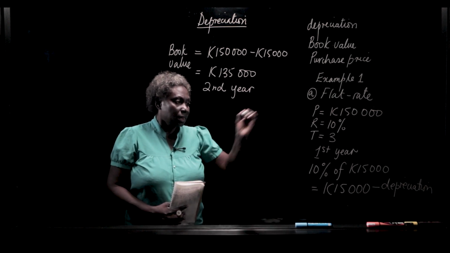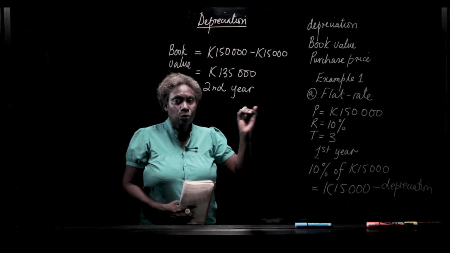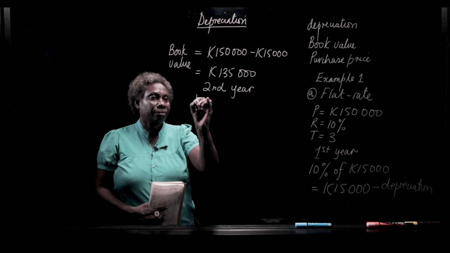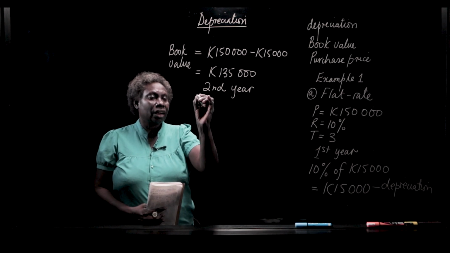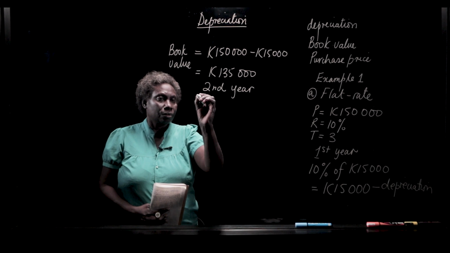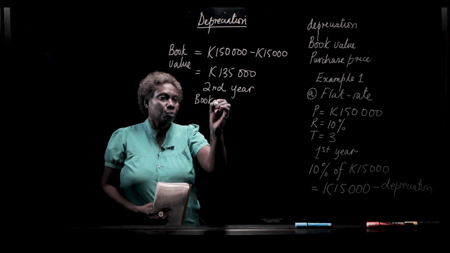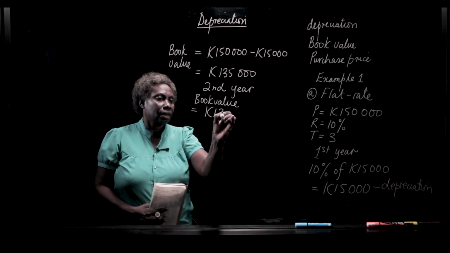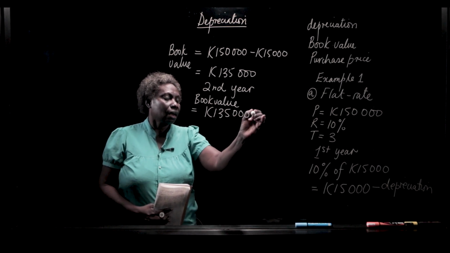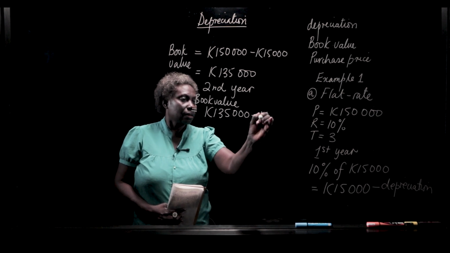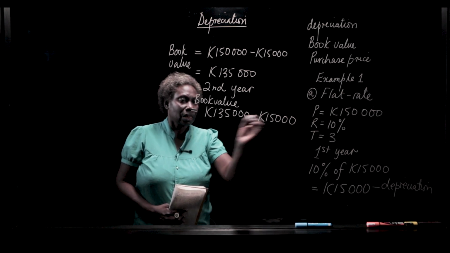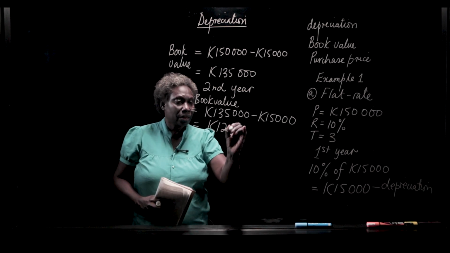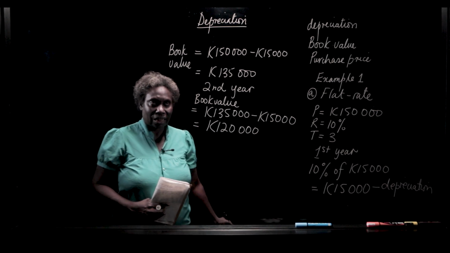After the second year, since it is flat rate depreciation, the amount of depreciation will remain the same. The book value will be equal to 135,000 minus 15,000 kina, and that will be equal to 120,000 kina.